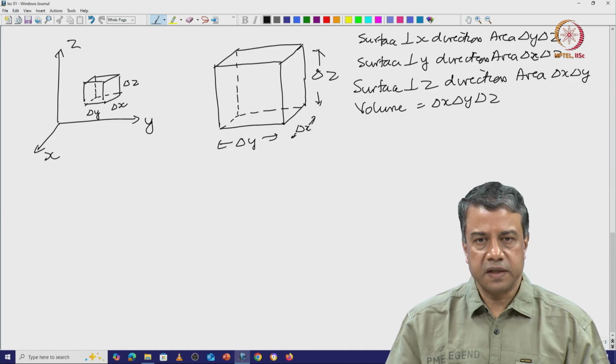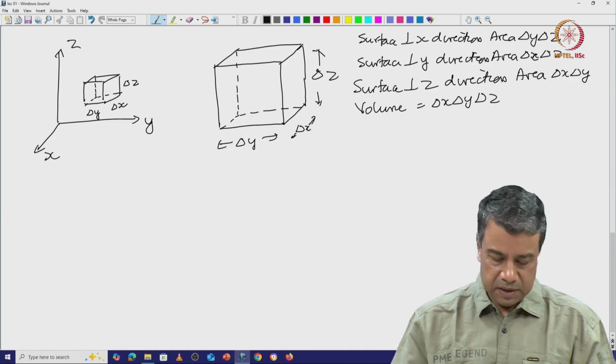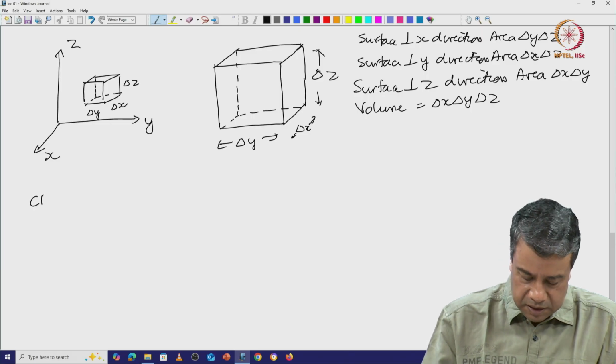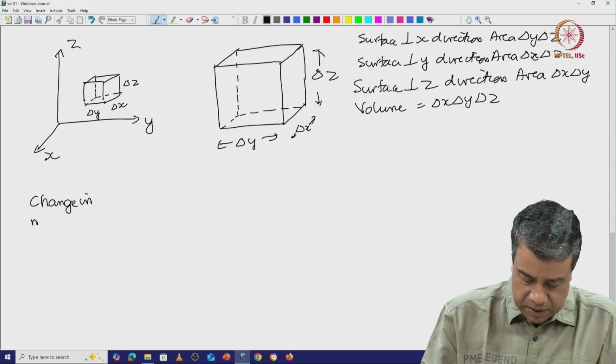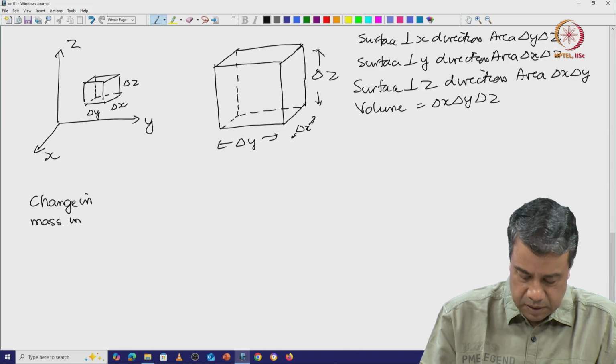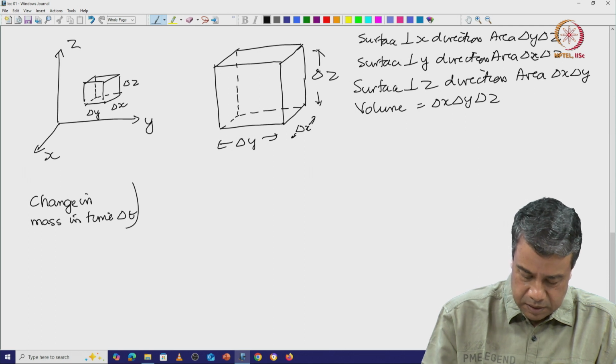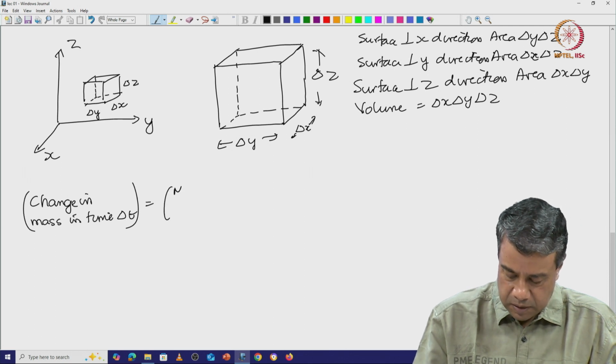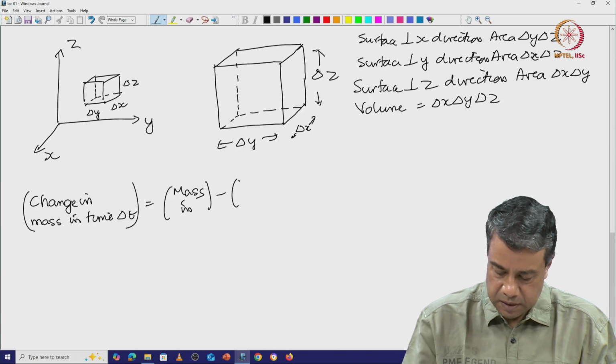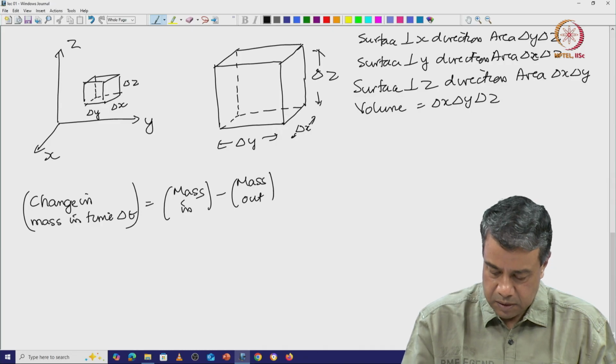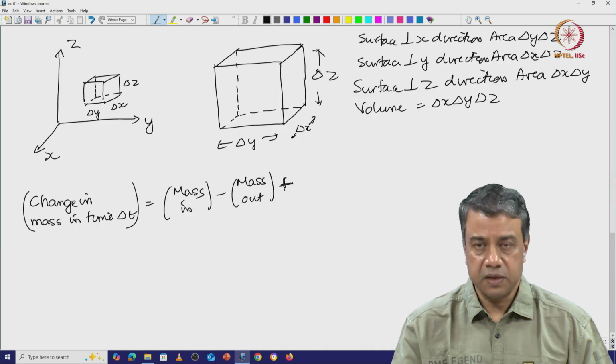The mass conservation principle is basically that change in mass in time delta t is equal to mass in minus mass out plus any sources of mass.